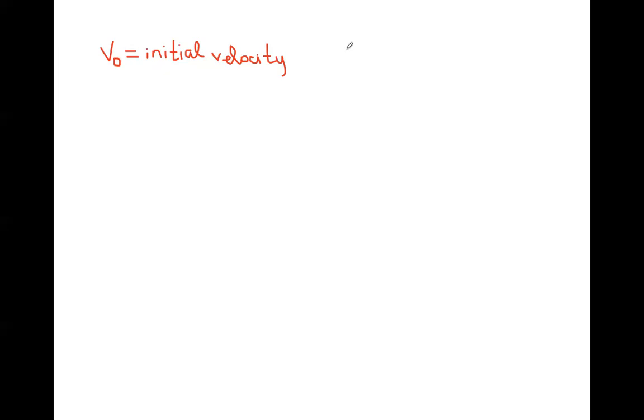So let me write this down. So only a small amount of substrate is converted to product.